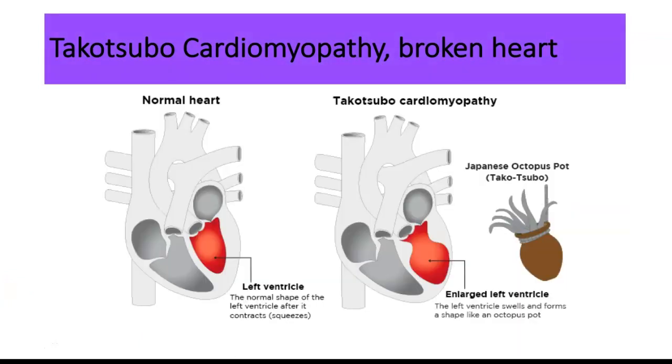And so here's just an example of what this Japanese octopus pot is, this tako tsubo. Again, here's the normal shape of the left ventricle as it contracts after it squeezes. And then here it's the enlarged apex of the left ventricle that swells to look like this octopus pot.